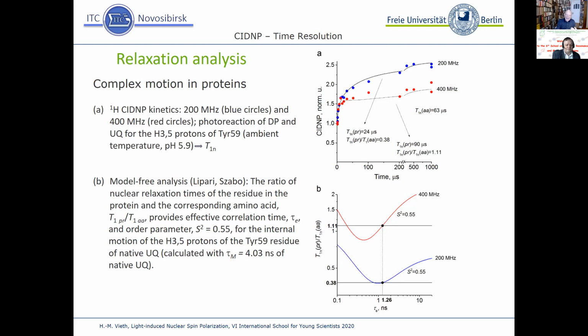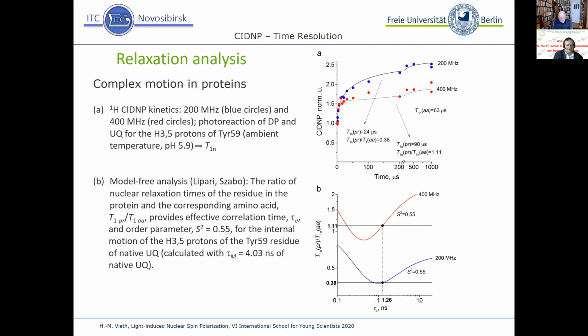you can analyze by the so-called model-free analysis introduced by Lipari and Szabo how the side group tyrosine moves around the backbone of the protein chain, and you get the time of the diffusion around a cone about the fixing point at the protein of this tyrosine.